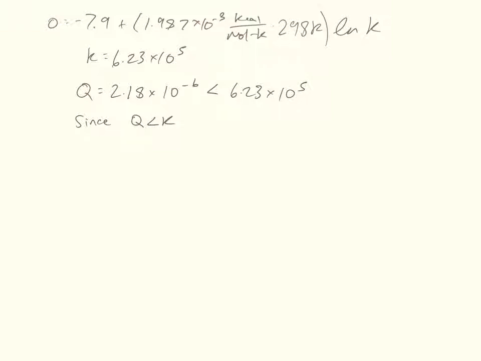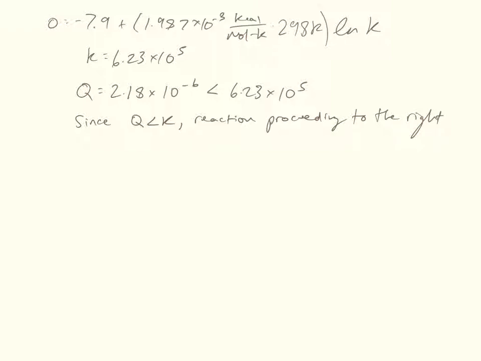We know we're not at equilibrium because at equilibrium Q would equal K, so we have to either be moving to the right or to the left. But since Q is less than K, reaction is proceeding to the right towards the products.